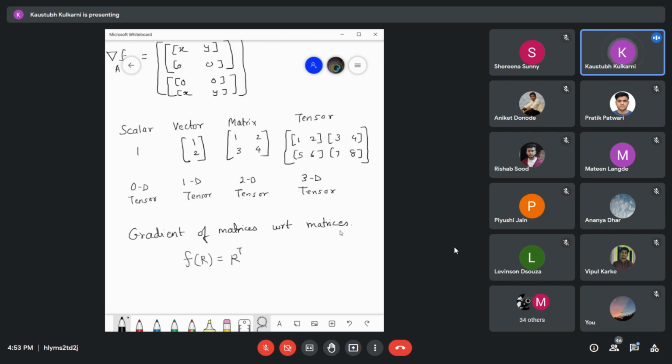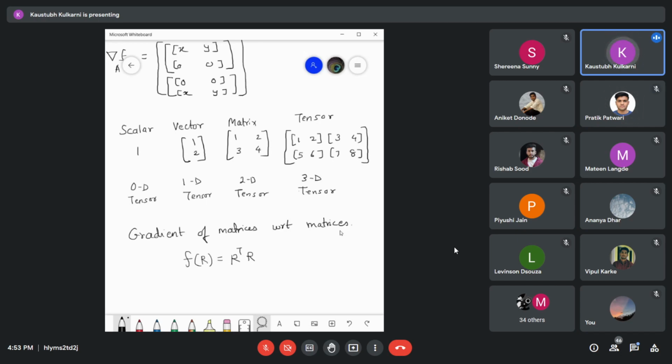Let's say R transpose multiplied by R, where R is a square matrix, or okay, we can have R as a rectangular matrix as well.